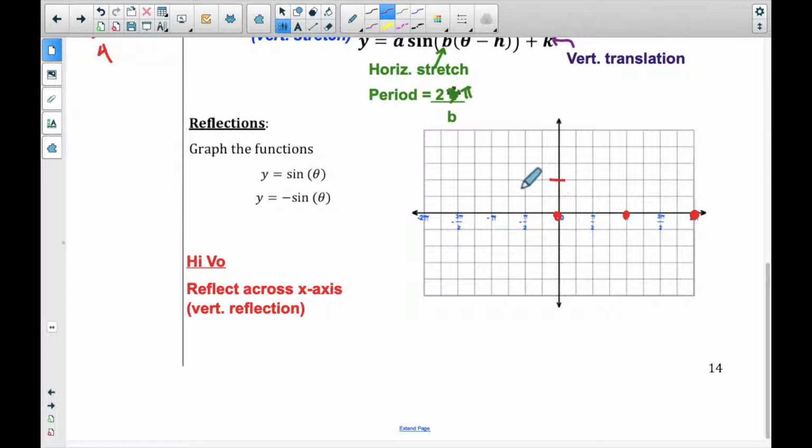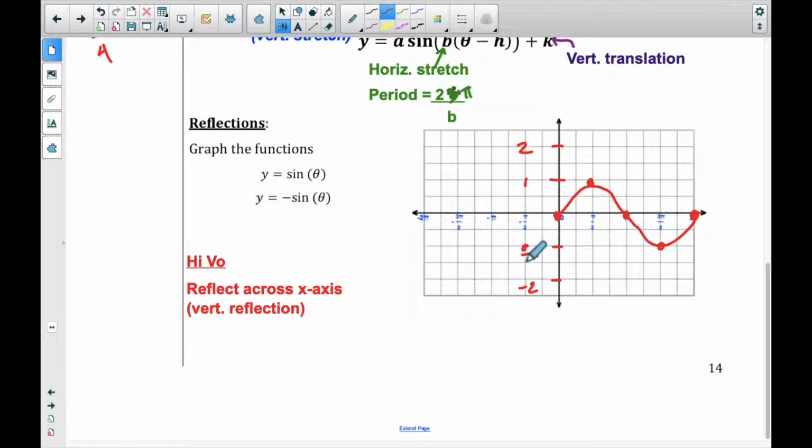I'm going to label my y-axis, and again, I'm going to skip just because that gives me a little bit more space, so I'm able to fill some things in. And a sine function always starts at 0, 0, and then goes up, and then down, and then down, and then up. So that is one period.